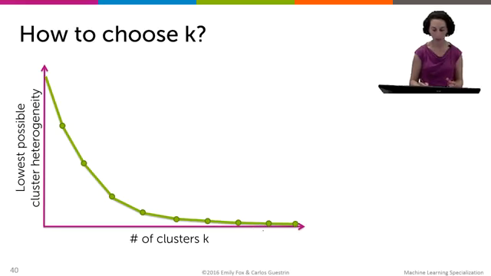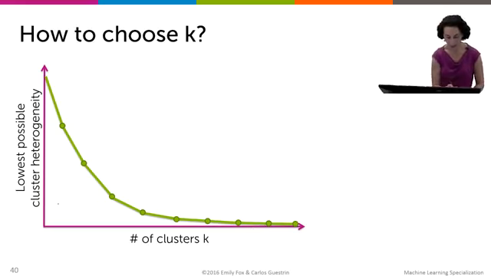And so what we can do is think about a heuristic where we look at something called the elbow of the curve, where it's a little bit unclear whether the elbow is here or here.